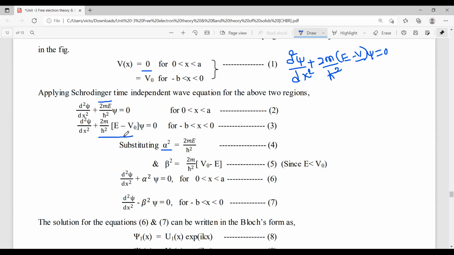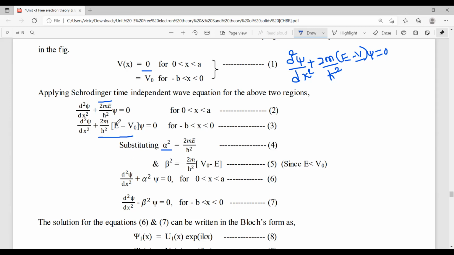So we can write E minus V naught as V naught minus E, because V naught is a very high, maximum value as compared to the energy. So we change E minus V naught to V naught minus E.